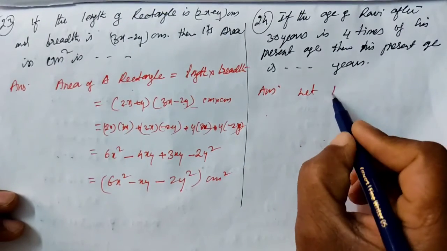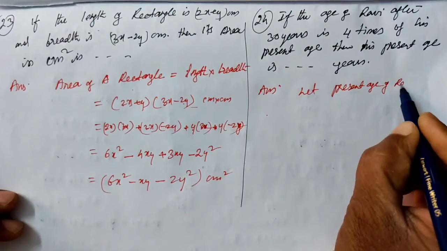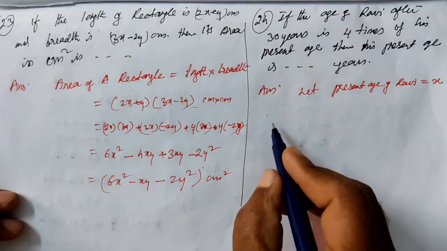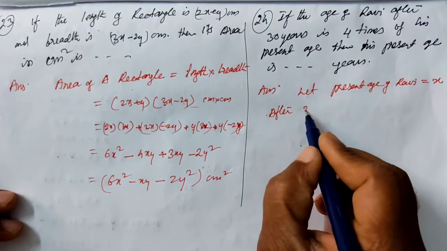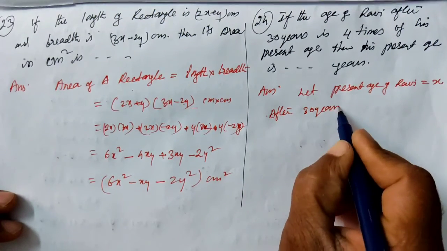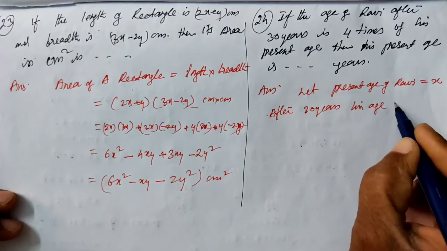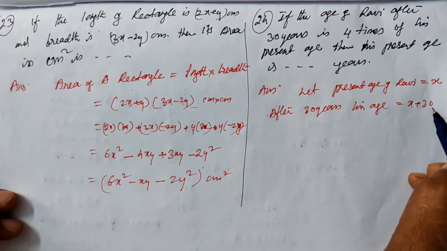Let present age of Ravi is equal to x years. After 30 years, his age, how much? x plus 30.